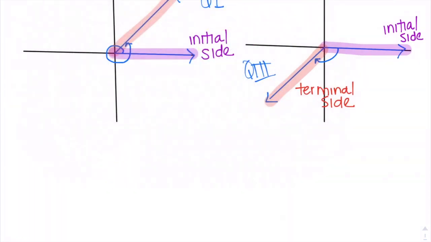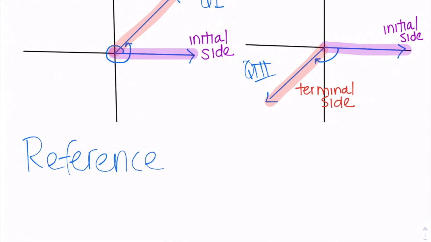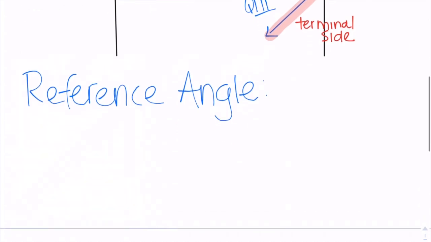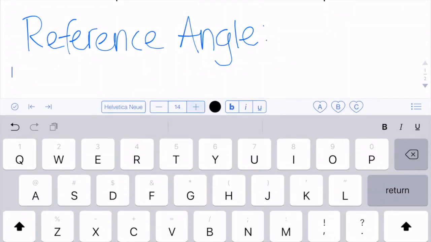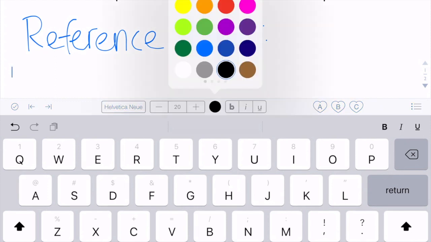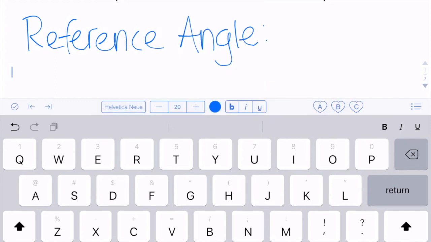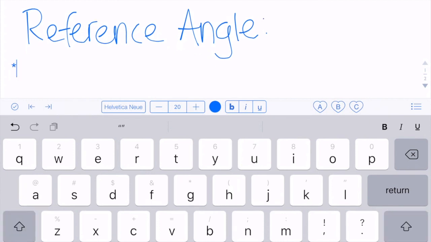The next piece we're going to look at is reference angles. So there's a couple things for reference angles that you should keep in mind. And the first is that it's the smallest angle.